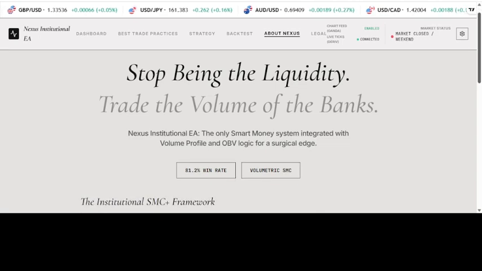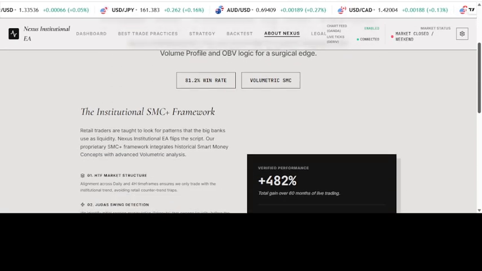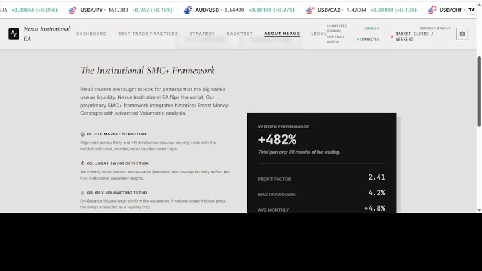Okay, so the Nexus Institutional Framework talks about how us as retail traders are taught to look for certain patterns, like I mentioned, stop losses, take profit targets, different strategies.